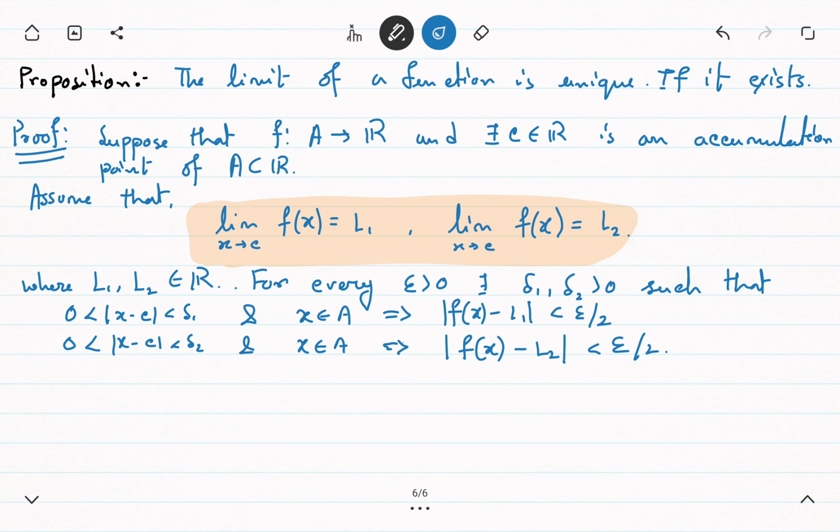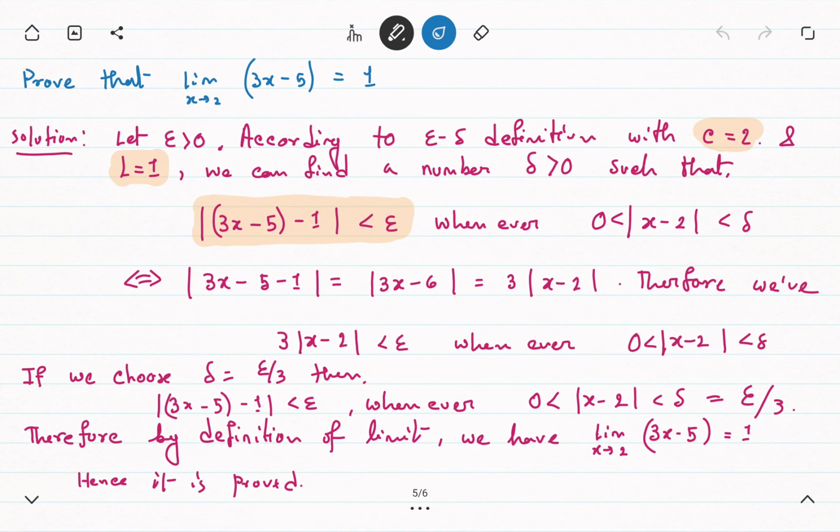As the limit is unique and we are trying to get as close as possible, since there are different deltas we'll take the minimum delta, so that the previous conditions follow, and we know this delta depends on epsilon.